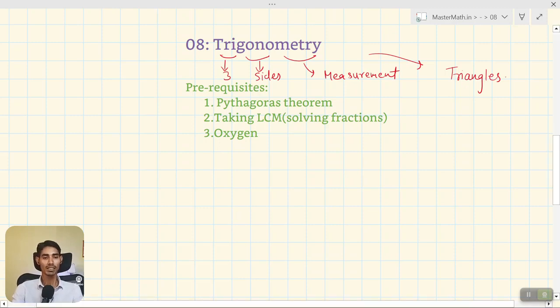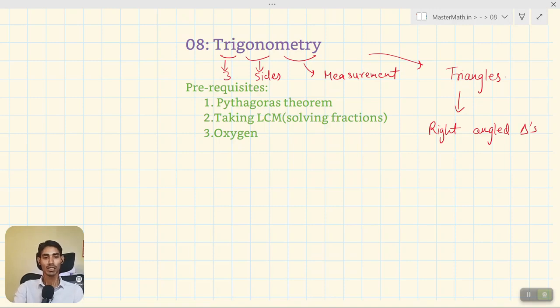So we'll be focusing on triangles. There are a variety of triangles: scalene, isosceles, equilateral, right angle triangle, and all other sorts of triangles. Now, we will be focusing only on right angle triangles, just to keep things easy for the start.